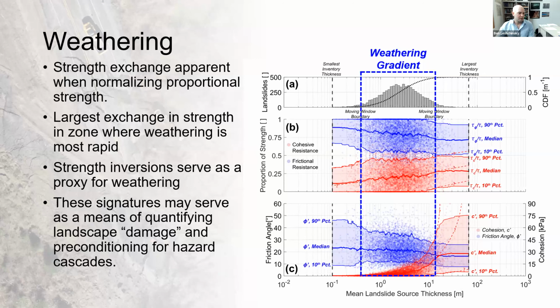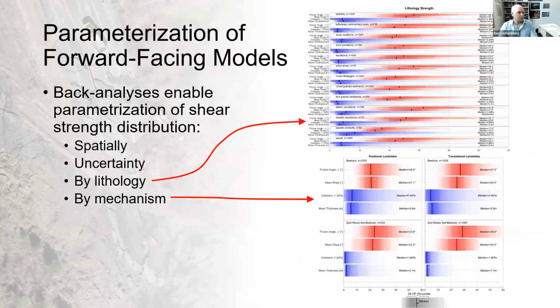What this suggests is that this increasing proportional cohesion with depth reflects more intact rock mass and effectively less weathering. It's a signature for that. And we can use this to quantify damage at a landscape, with damage with depth, as well as the preconditioning potentially for different hazard cascades that stem from landslides or other processes dependent on shear strength.